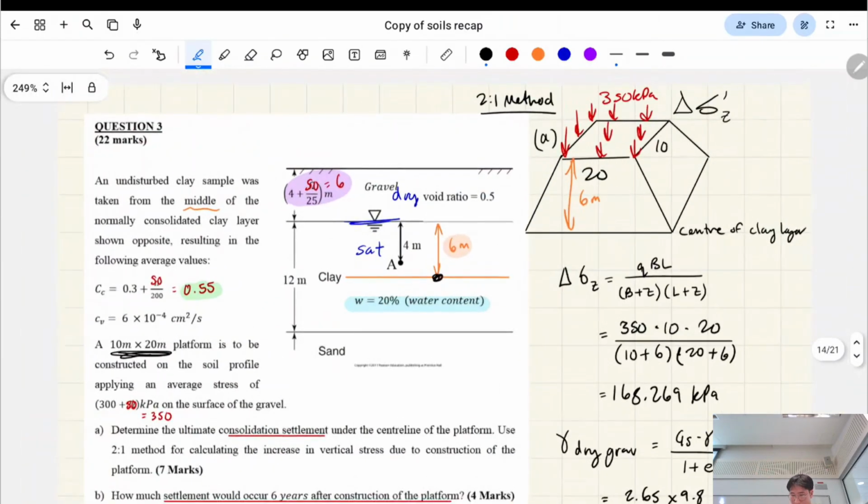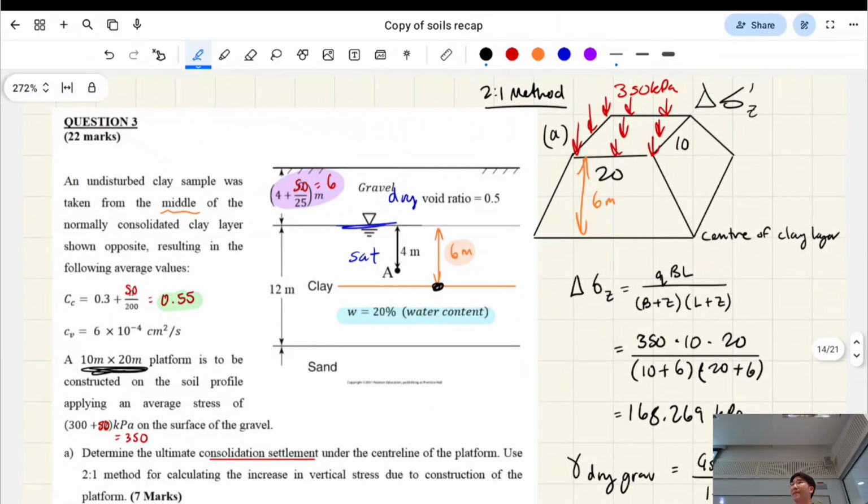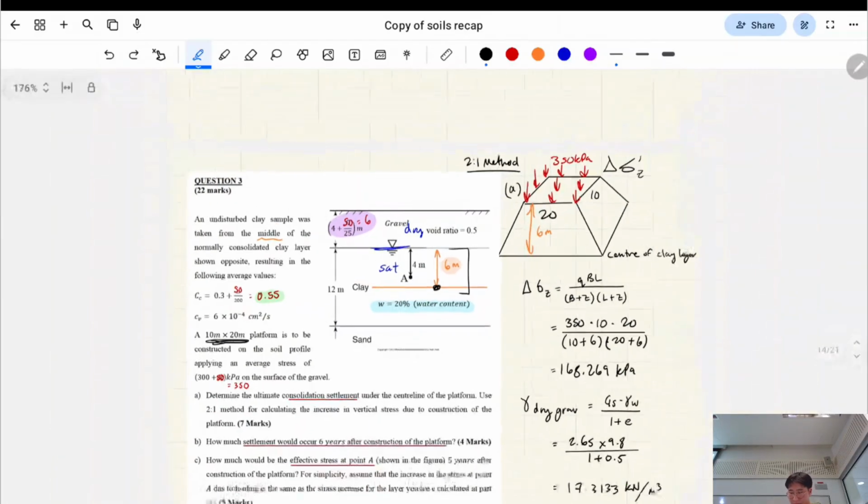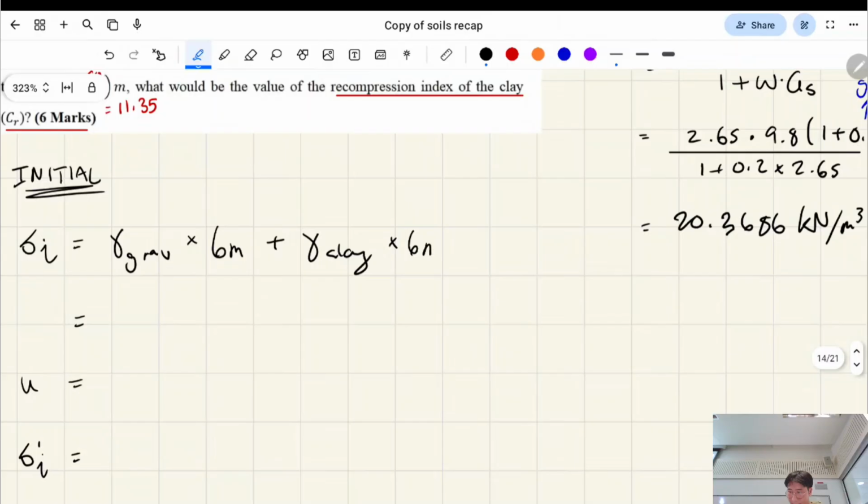What number are we going to plug in for the depth of clay? 6 meters. We still care about the middle of the clay layer. For everything settlement related, we just care about the middle of the clay layer, except one of the parts is talking about point A, which is 4 meters deep into the clay, not 6 meters. That's the only time we deviate, right? So this gives us our initial stress, right?